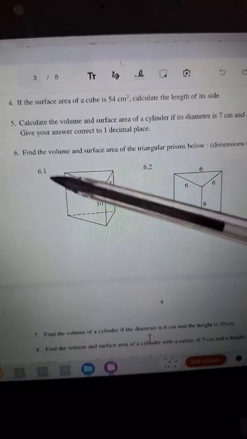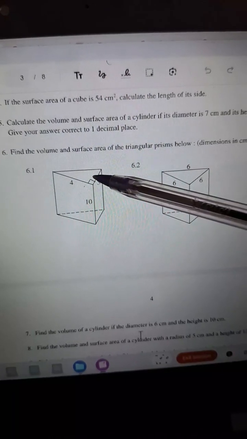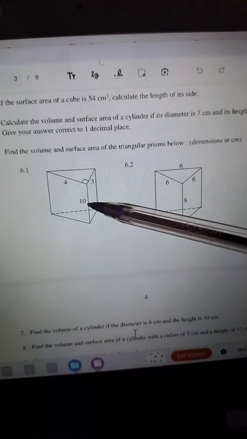So remember, guys, I think we are very clear from the diagram that this rectangle, there's the 4 by 10 rectangle, right? And then there's this rectangle, the 3 by 10 rectangle.